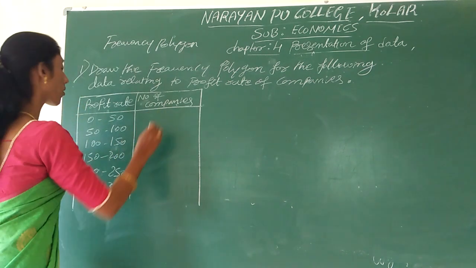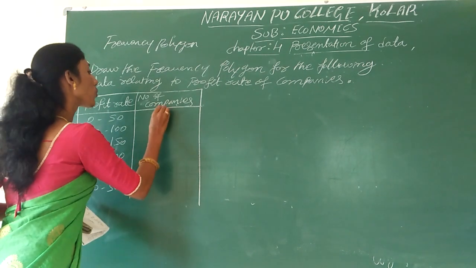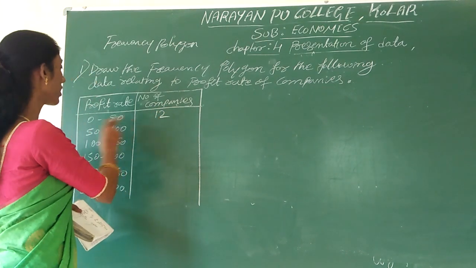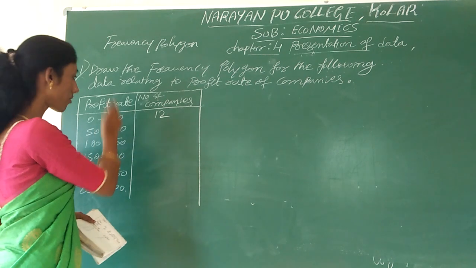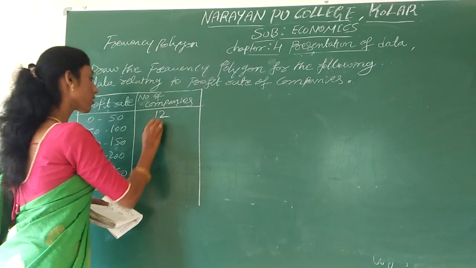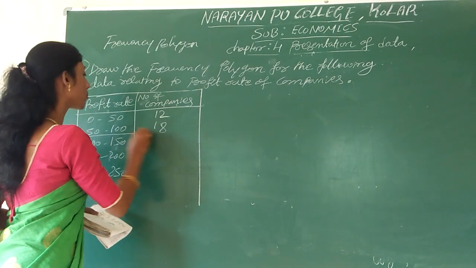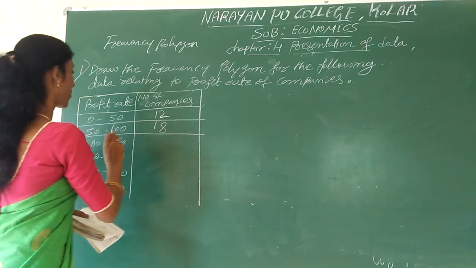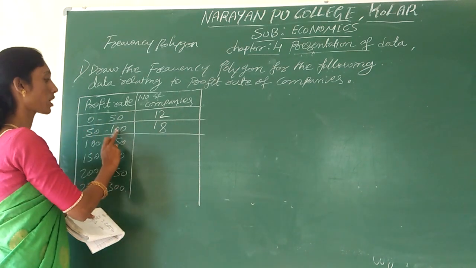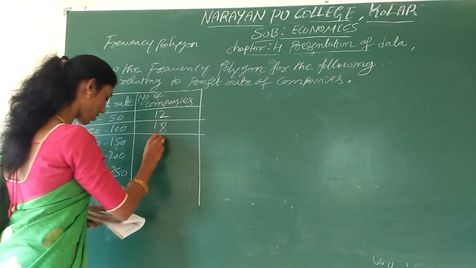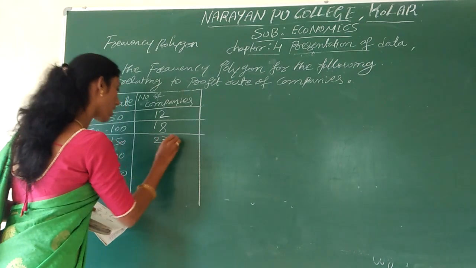Here, on the number of companies side, there are 12 companies earning profit between 0 to 50, and again 18 companies are earning profit between 50 to 100. Next 27.